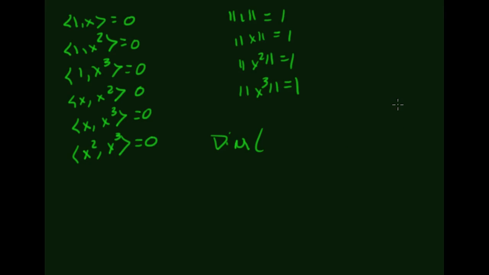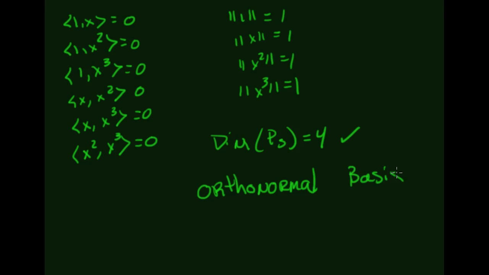And the dimension of P3 is also 4. I have the right size, I have orthogonal, I have normal, so I can say that this is an orthonormal basis for P3. And in fact, this is the standard basis for P3.